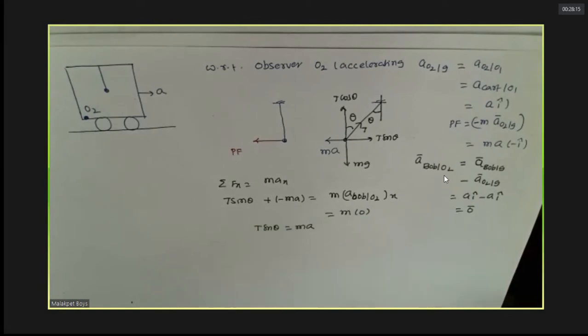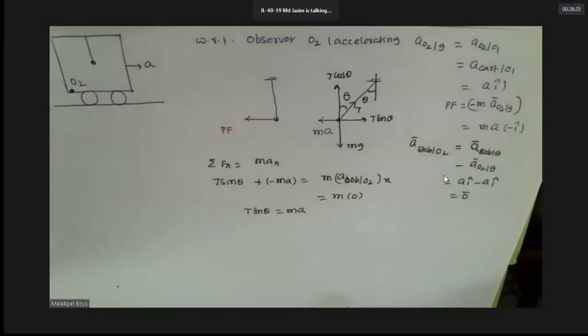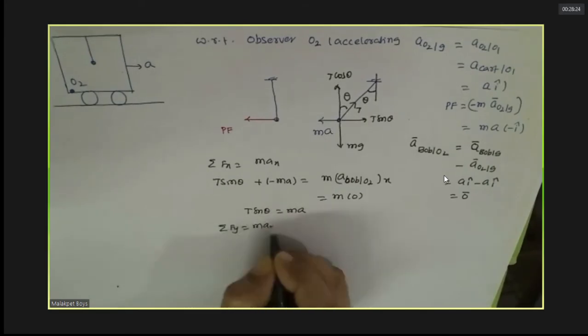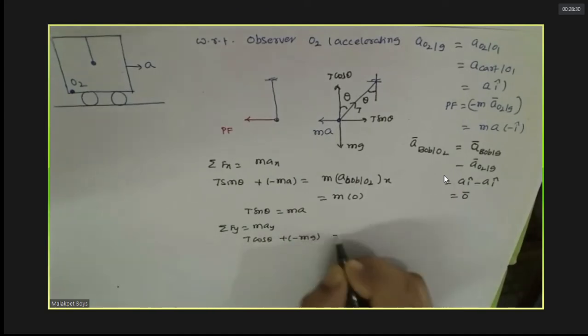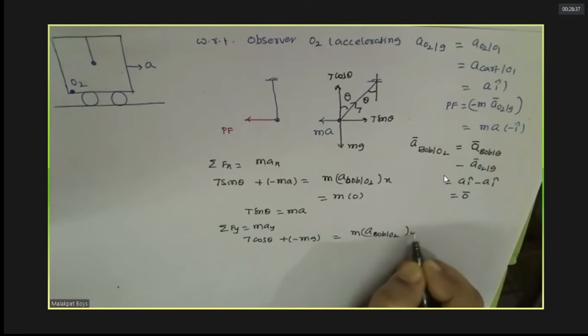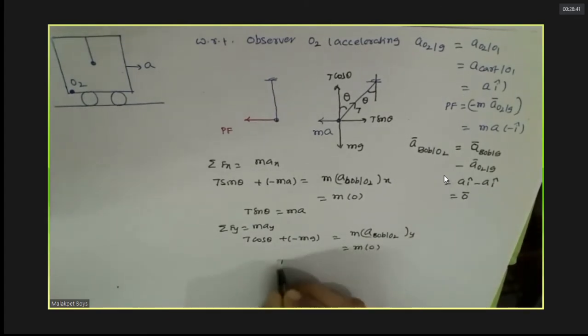Do you agree? Clear enough? Again he writes sigma F equals ma in the y direction: T cos theta minus mg equals m into the acceleration of Bob with respect to O2 in the y direction. This is 0, so T cos theta equals mg.